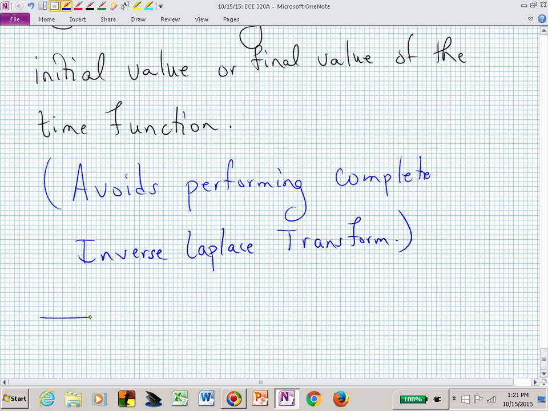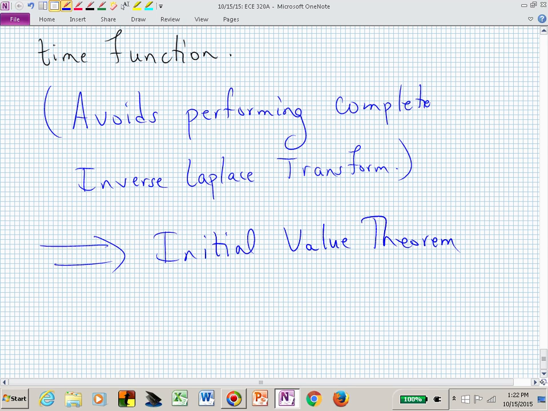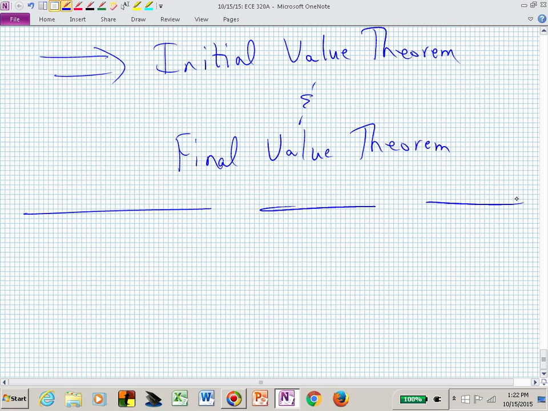That's the beauty of these, and we're now going to present the initial value theorem and the final value theorem. Let me state the final value theorem. That's usually the one that we focus on, or if we only have time for one, this is the one that I would give you, but we'll get to the other one, I hope.